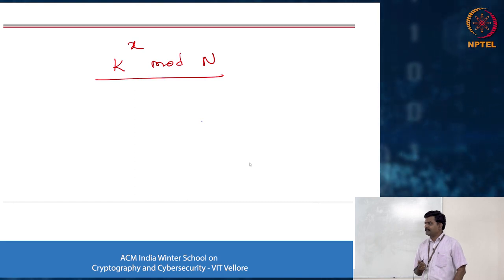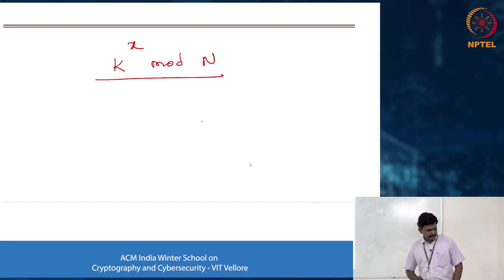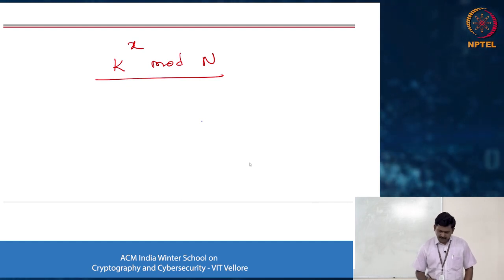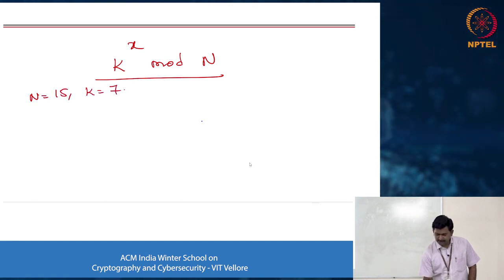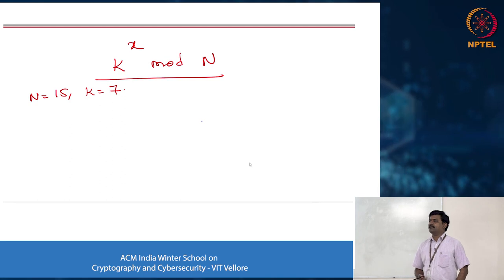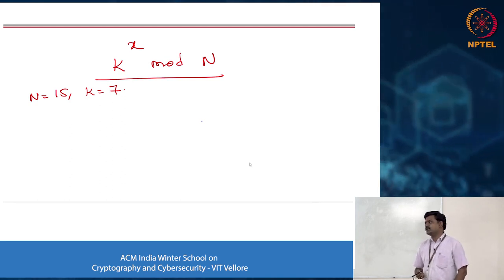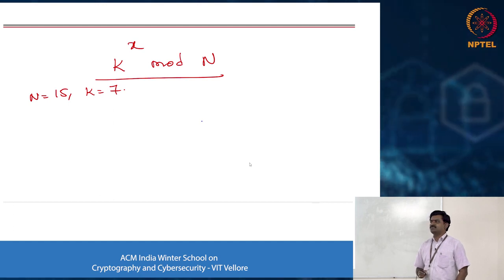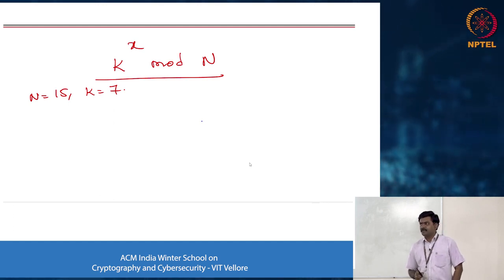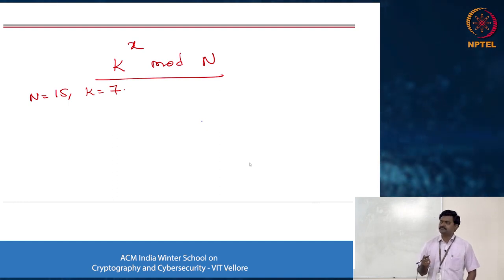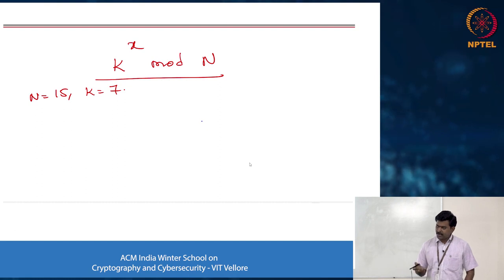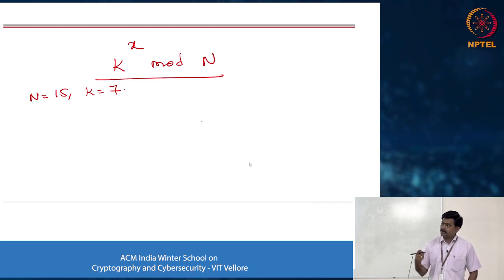C is equal to m power e mod n. Now imagine I have n is equal to 15, k is equal to 7. What I am doing is trying to find this x value.